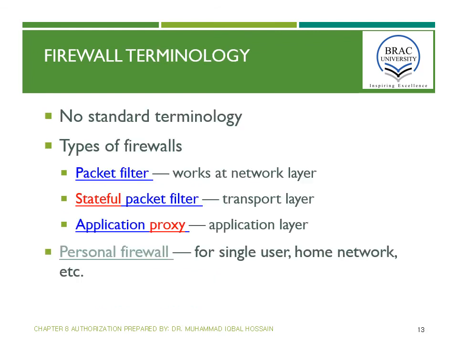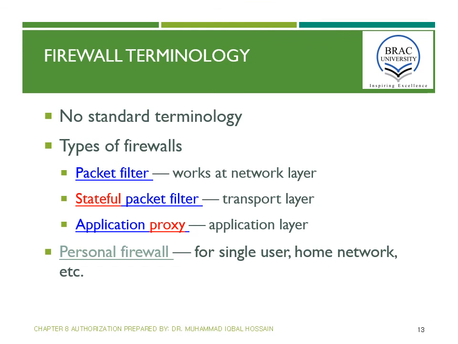We can use this firewall, as I said, in the operating system and also in different layers. In the network layer we can use packet filter, in the transport layer we can use stateful packet filter, in the application layer we can use application proxy. In a home network or for a single user we use a personal firewall provided by the operating system.